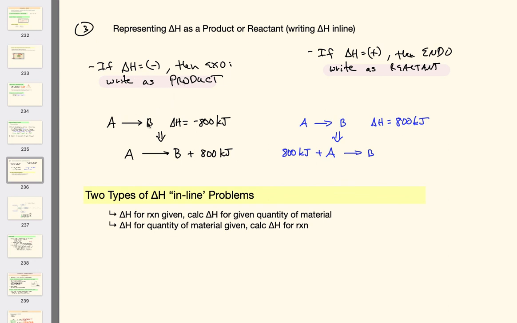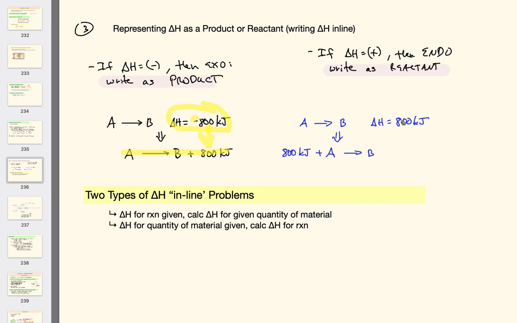So if you have a reaction A plus B, and somewhere over to the side, or somewhere else in the problem, it says, oh, by the way, 800 kilojoules was given off. Or it says delta H is equal to minus. Or it says it's exothermic. Any one of those three, you know this is true. If this is true, you can now write this in line. Because this is negative, you can write your heat term as a product.